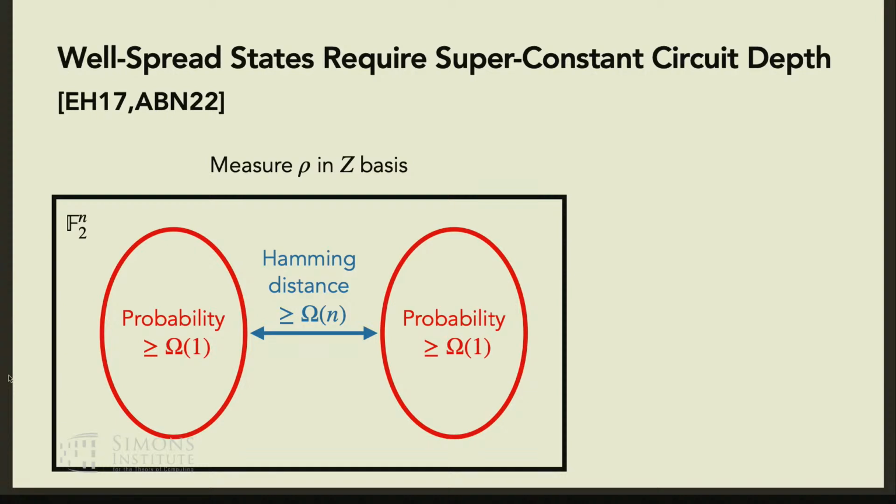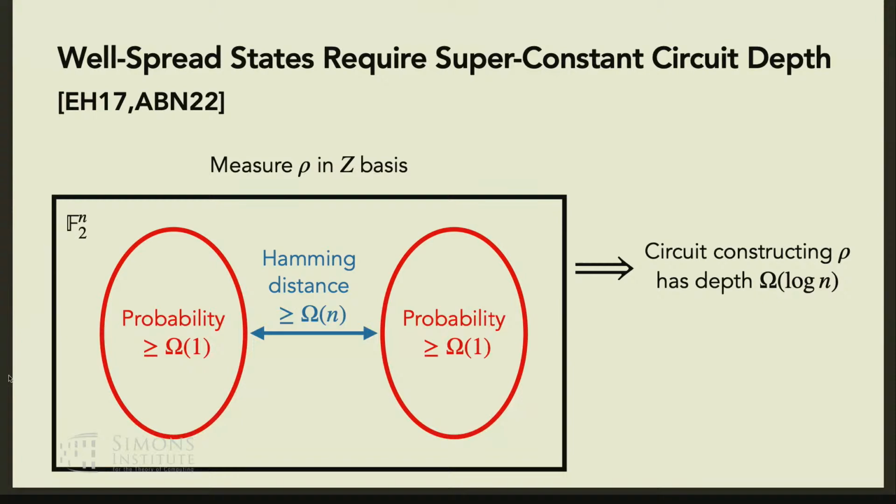So essentially, any point in the set over here and any point in the set over here differ in a constant fraction of their components. So if the measurement distribution of rho has this property, these two far apart constant probability clusters, we say that rho is well spread.